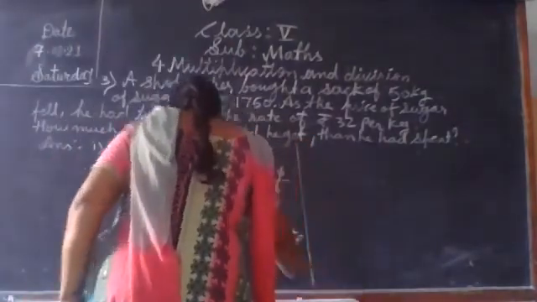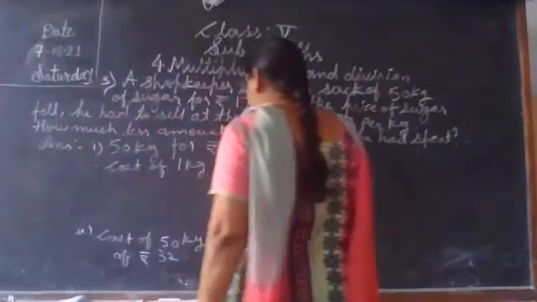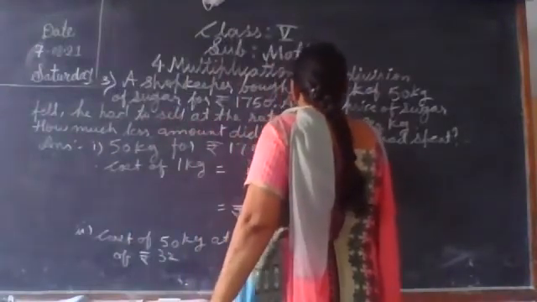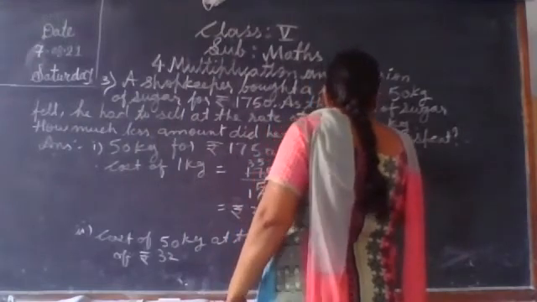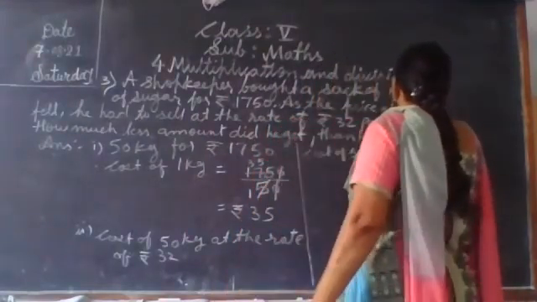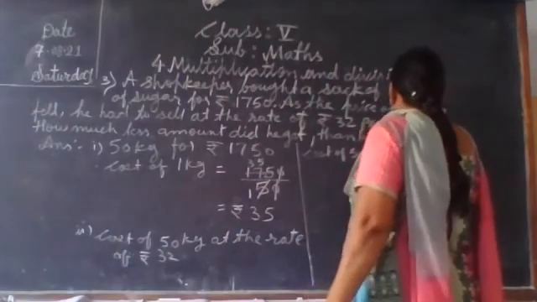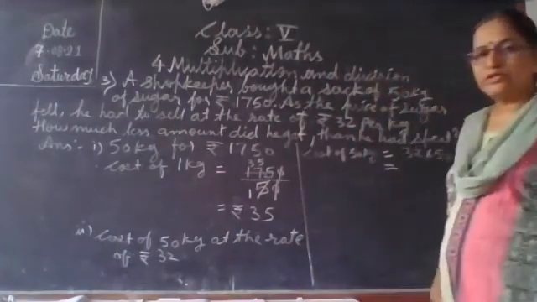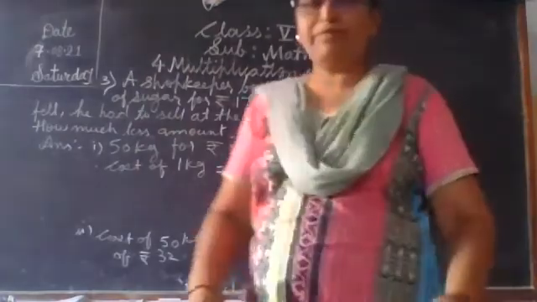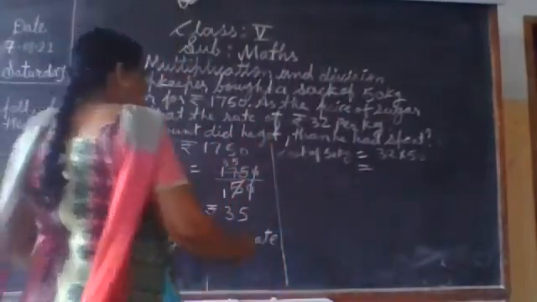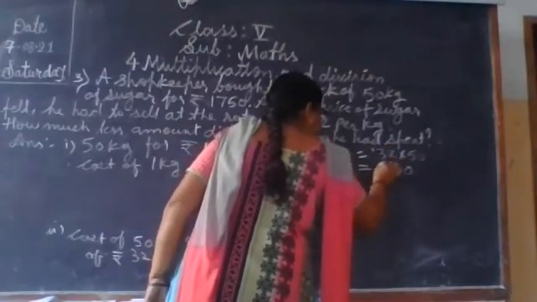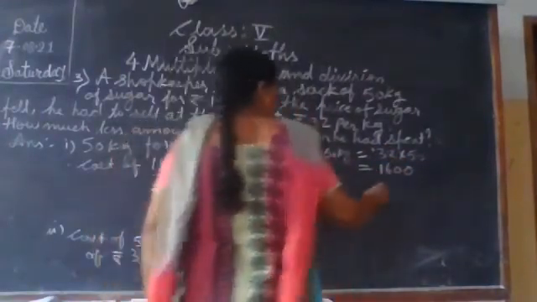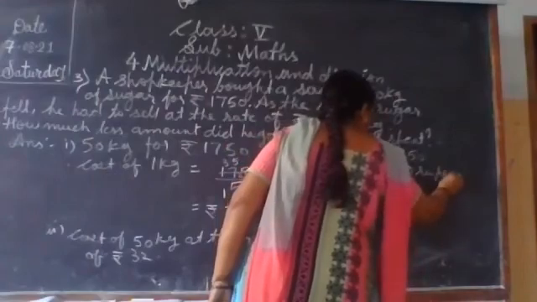For that we have to multiply. So the cost of 50 kg equals 32 multiplied by 50. 0, 5 twos are 10, 0, 5 threes are 15 plus 1, 16. 1,600 rupees.